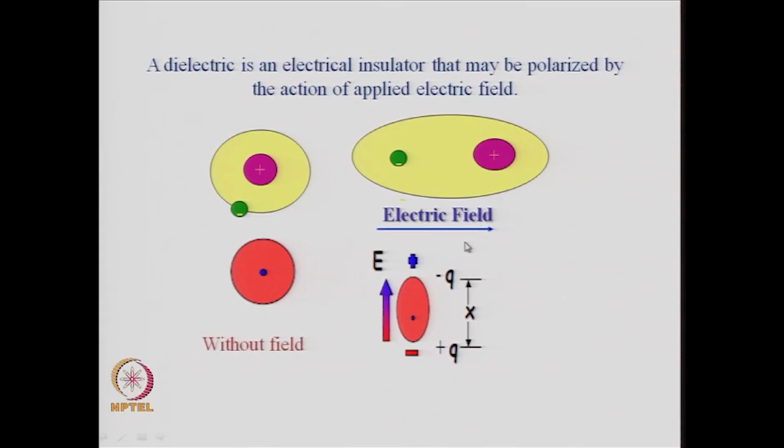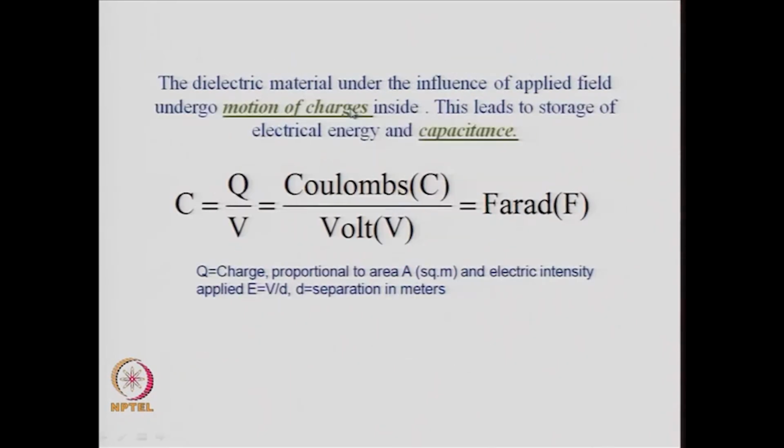So, polarizable materials are good dielectrics, because you can separate the charges and create the dipole moment, and hence create a large polarization, and hence give rise to a large dielectric constant. So, the most important point is that a dielectric is an electric insulator and its polarization can be changed in the presence of an electric field.